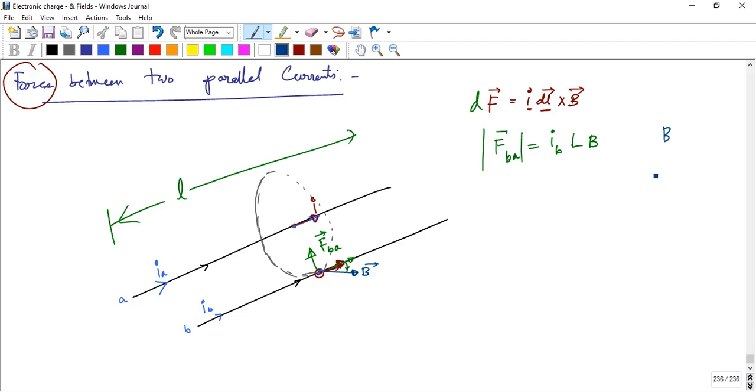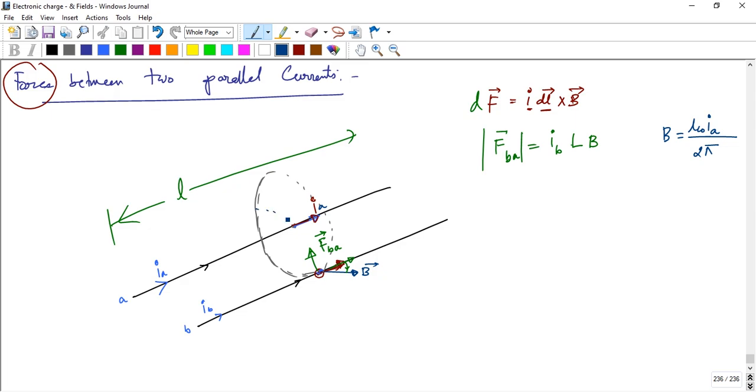Now that B, we know from the application of the Biot-Savart law, borrowing the concept: the magnetic field at the center of a circular conductor, and here we calculate the magnetic field sidewise. So B is equal to mu naught I A by 2 pi R, where the current is IA and R is the radius.